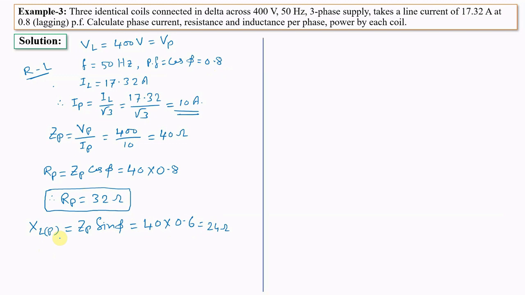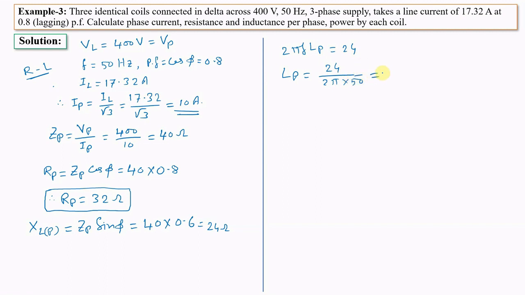The value of XL is also written as 2 pi FL. It is 24. So the inductance per phase will be 24 upon 2 pi into F. Frequency here is 15.